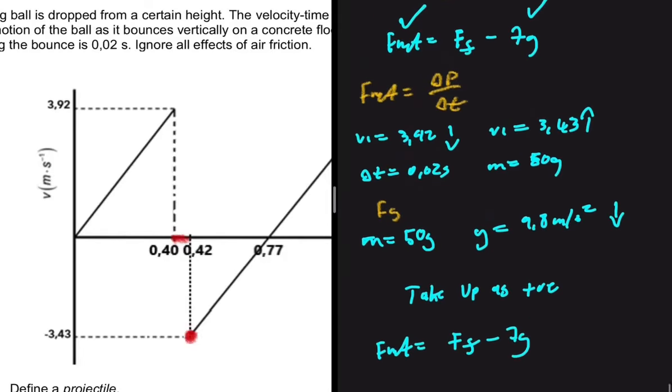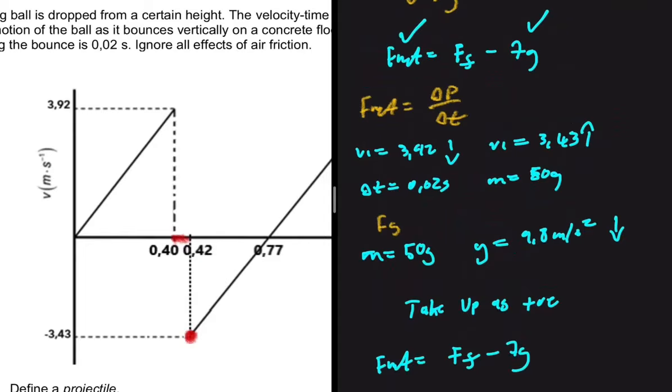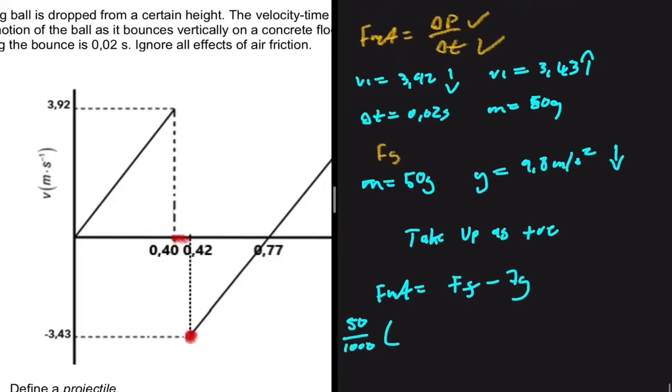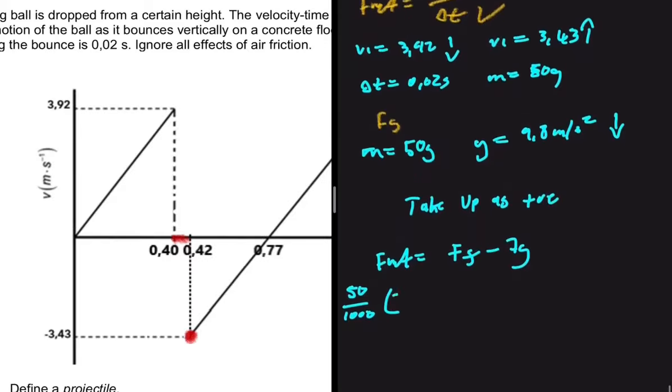In place of F net, we can put the rate of change in momentum, right? So the mass will be 50 divided by 1000 multiplied by Vf, which is 3.43 upwards, minus Vi, which is 3.92 downwards.